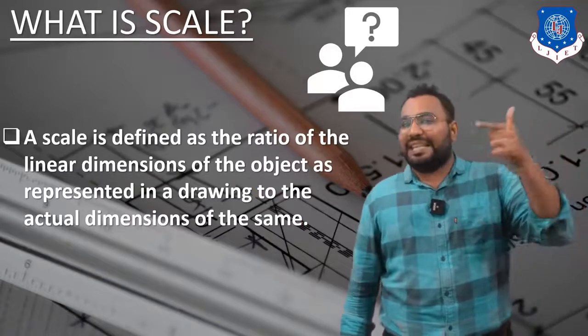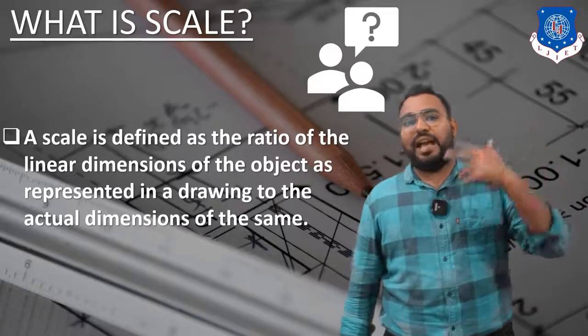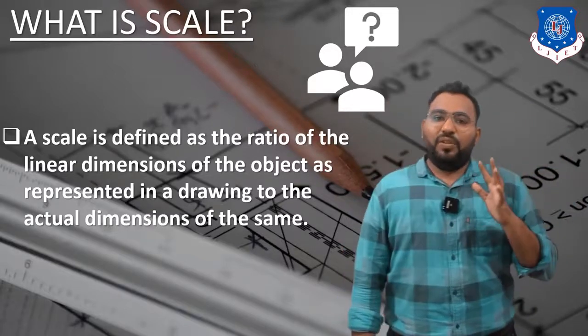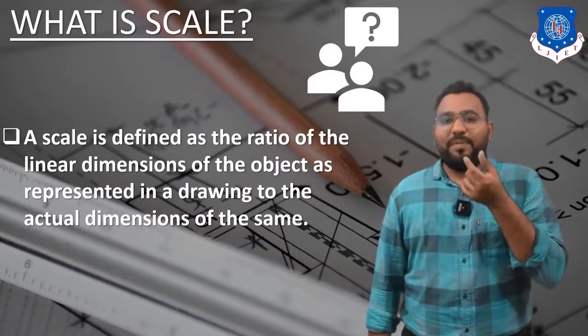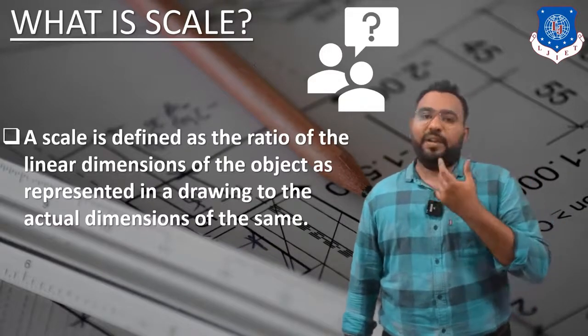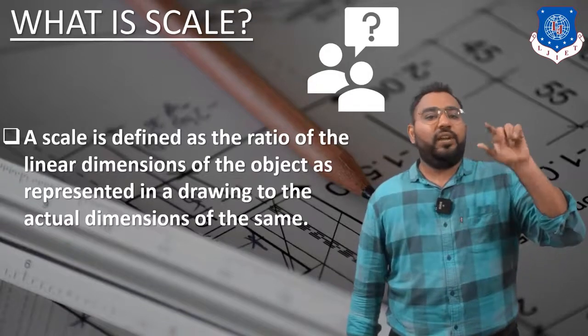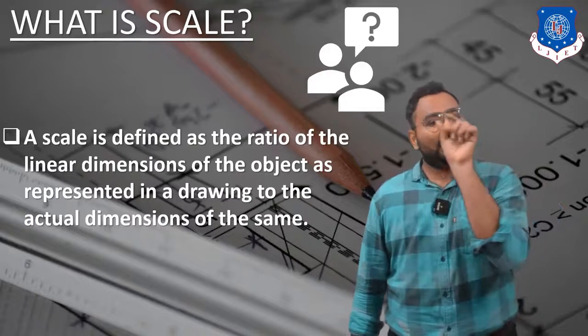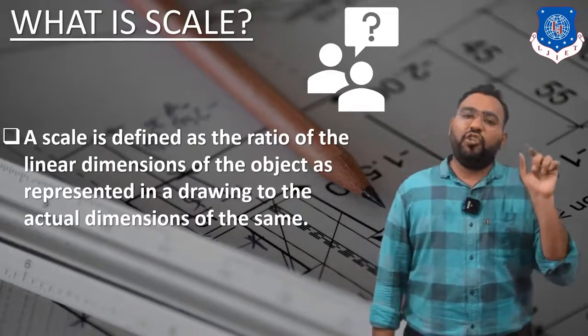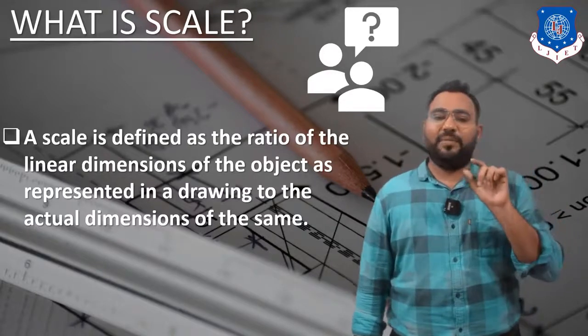So this 10 centimeter line represents a line of 1000 centimeter. The actual dimension of the line is 1000 centimeter, but I am going to show it in the drawing book by a 10 centimeter line. So the drawing dimension is 10 centimeter and the actual dimension is 1000 centimeter.